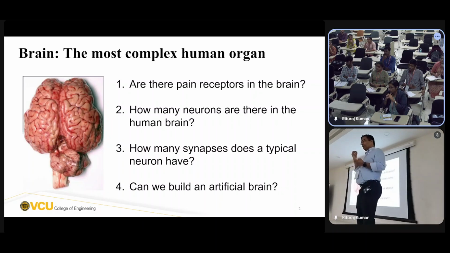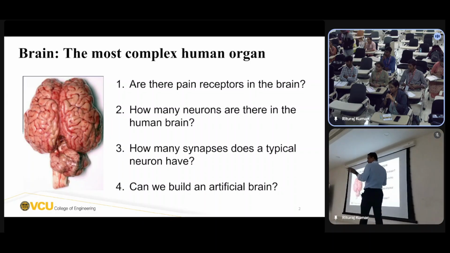And each neuron connects to 10,000 other neurons. If you think of the connections, you can't do straight-up permutations and combinations, it would be a huge number, 10,000 and 85 billion, right?